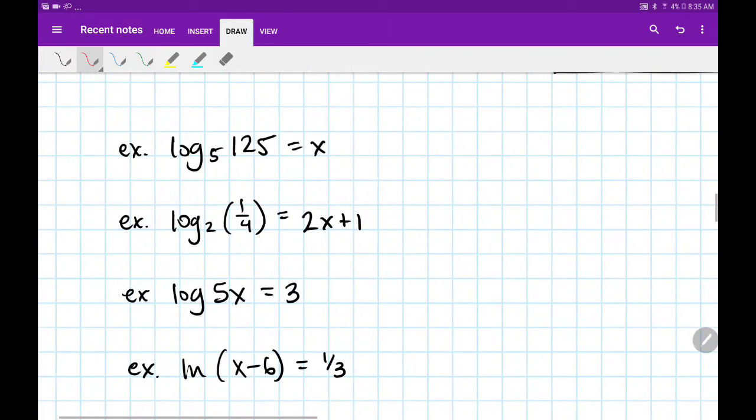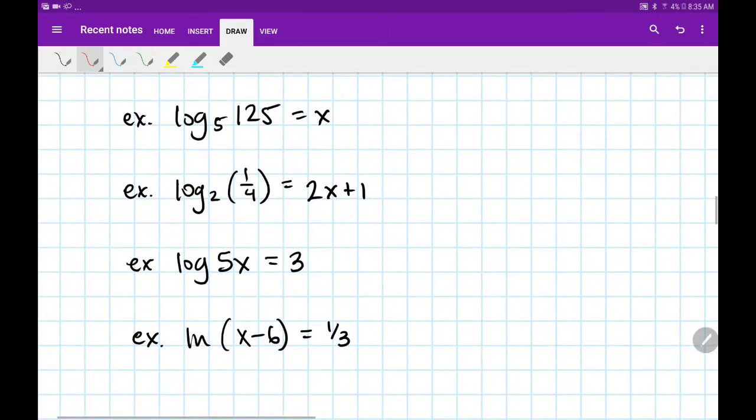Let's do that right here. Some examples. All right. I am in log form now. I want to go into exponential form. So we're just practicing how to basically go backwards right now. All right. So what shall we do? If I want to go into exponential form, I don't want to see this log anymore. So cross out the log. Do 5 to the power of x equals 125.